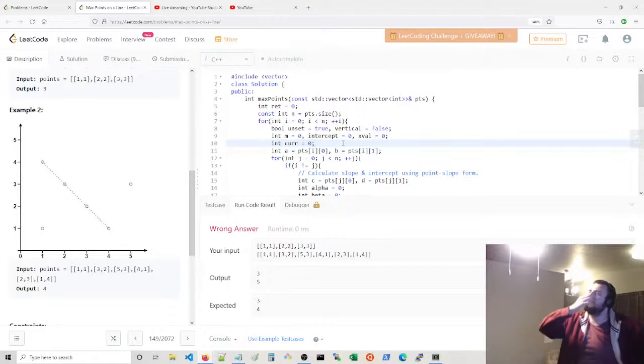The idea is that if you take a point and it's collinear with some other points, all those pairs of points are going to end up with the same point slope if you calculate that.